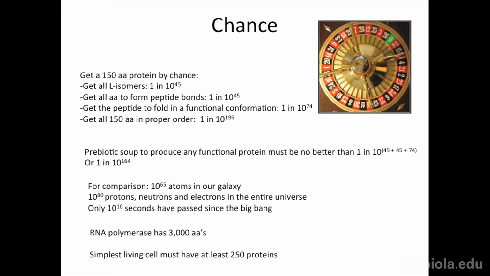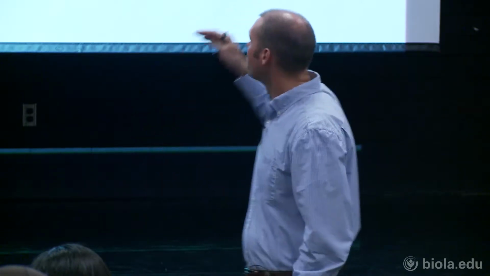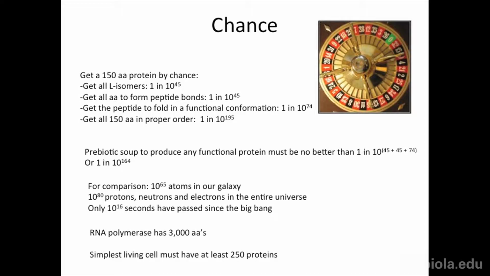And then we need to get all 150 amino acids in the proper order, right? You could have 150 amino acids, and if you actually made it through all these probabilities, you would have them all in the L form, all peptide bonded together, but you need to get them in the proper order.